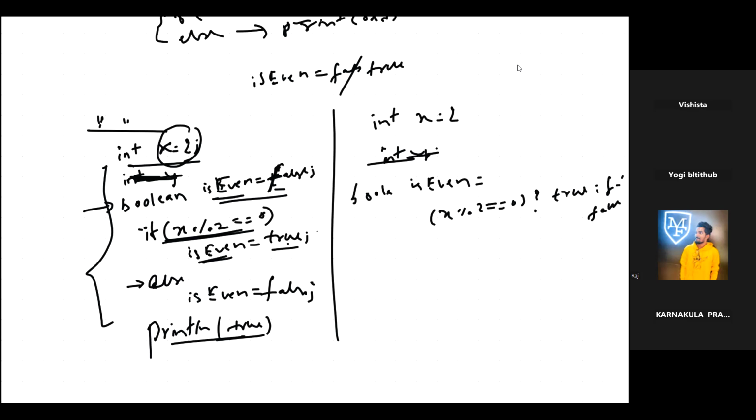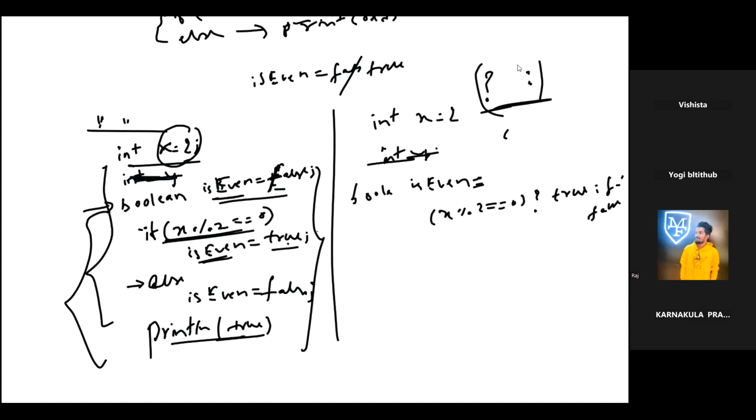So instead of writing these many lines from here to here, we can use a ternary operator. Ternary operator is question mark and colon. So first, before the question mark, there will be an expression.